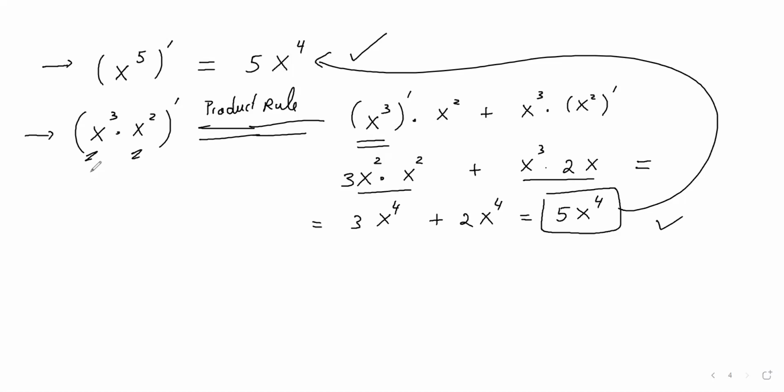So it's essentially powers of x. Is there something else that we would be discussing that is not a power of x? Yes. It's the sine functions, the cosine functions, the tangents and such.